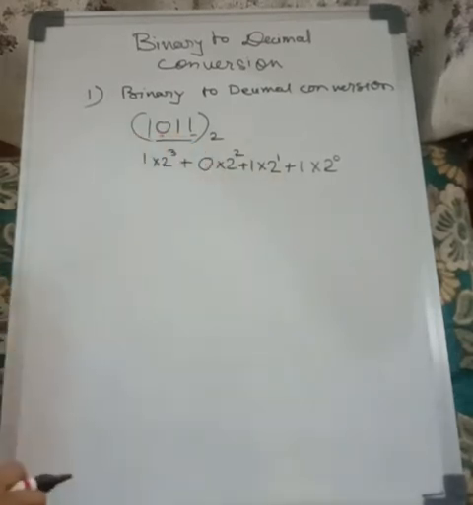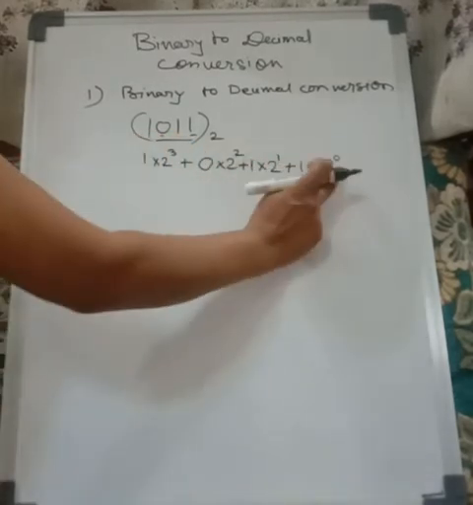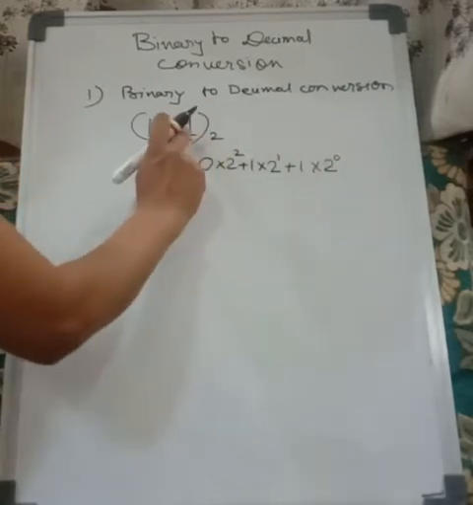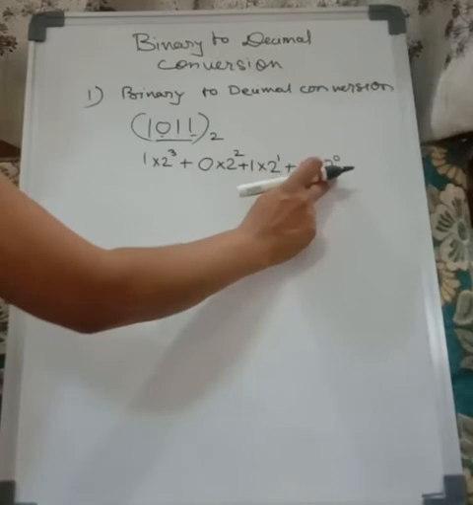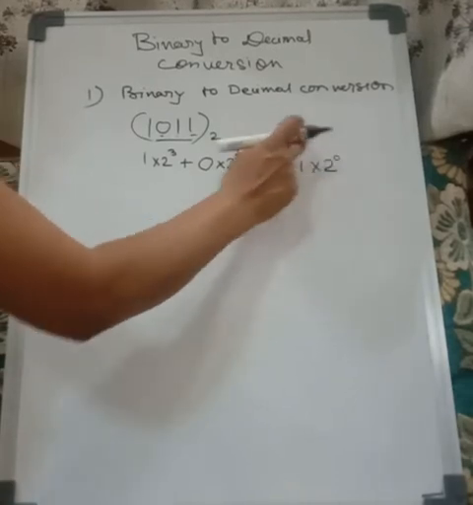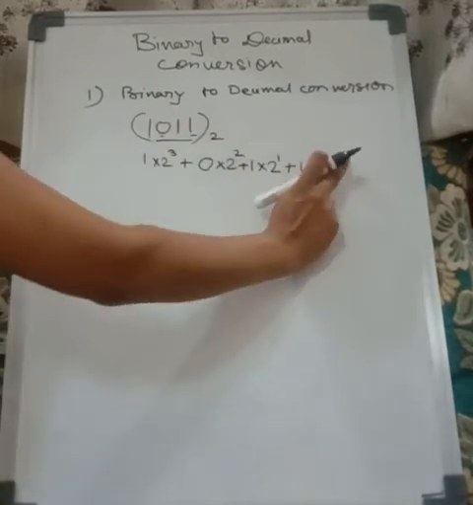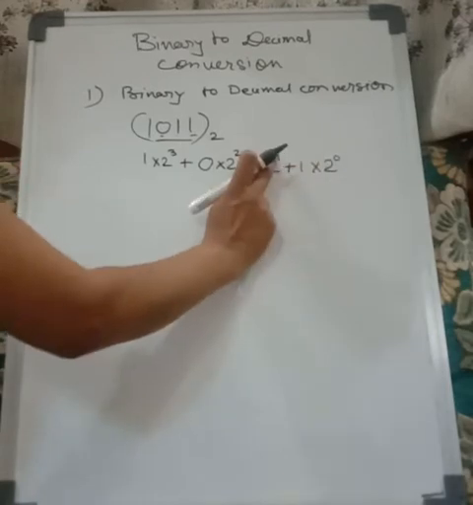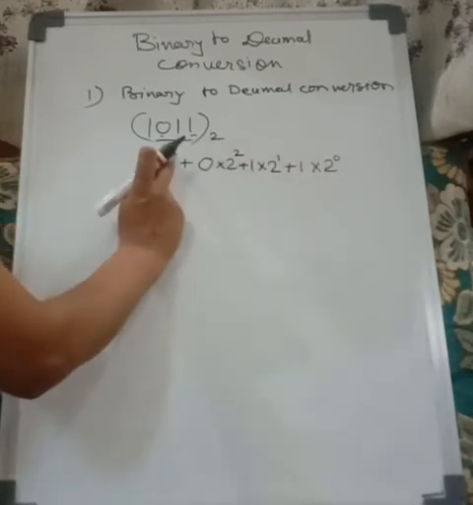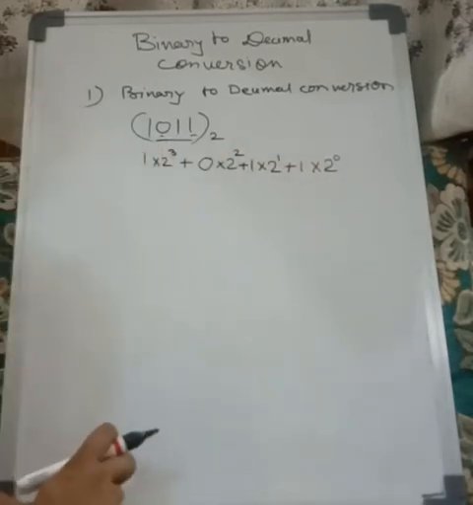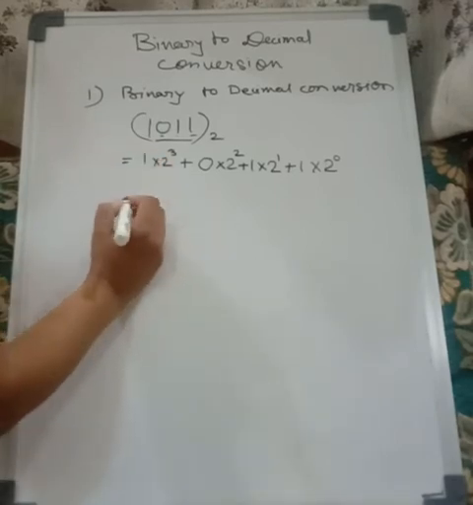So just observe what we are doing. We are simply multiplying these digits by the number 2 with an increasing power. Here we have 2 to the power 0, 2 to the power 1, 2 to the power 2 and 2 to the power 3. So let us do the calculation.